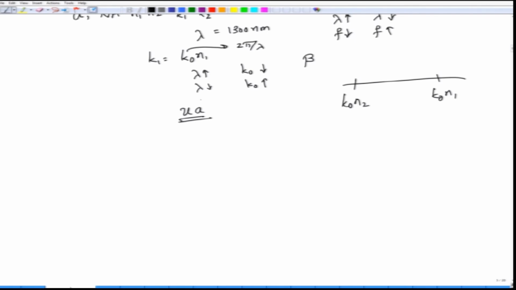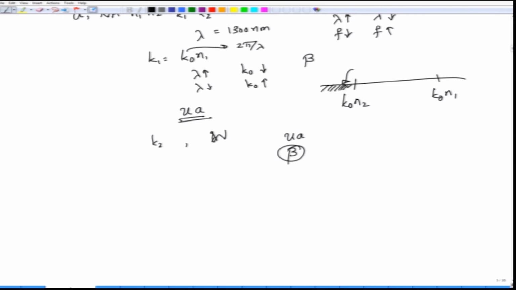Of course, because lambda is changing, K2 is also changing, as well as W is also changing. So essentially U and W both are changing with all the other fiber parameters fixed, except that lambda is varying. It might so happen that the product UA, or equivalently the value of beta that you find out from solving the equations, might turn up in this region.